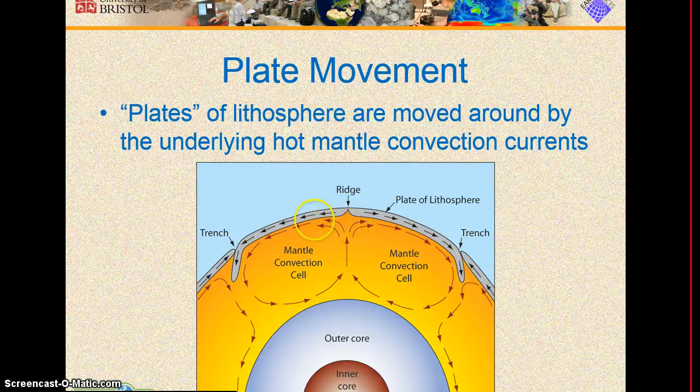Well, as the circulation occurs within the mantle here, this magma is going to drag the oceanic plate here towards the continental plate. And since the oceanic plate is more dense, it's going to sink and melt and come back into the mantle and come back around over here.